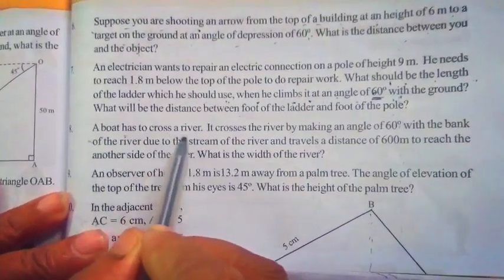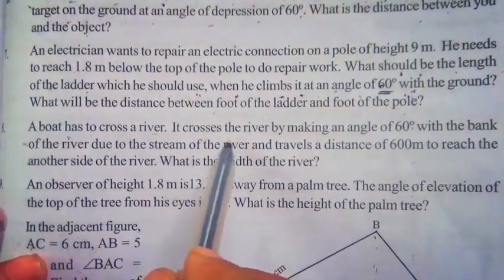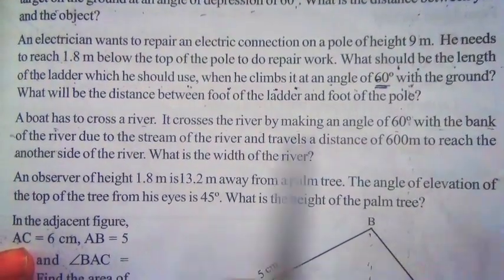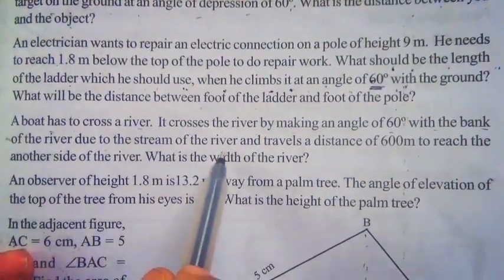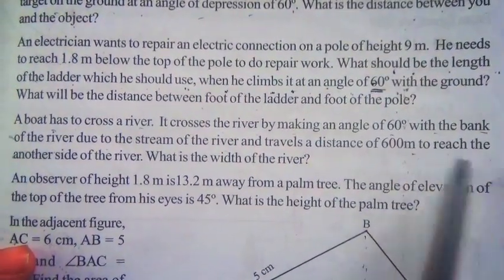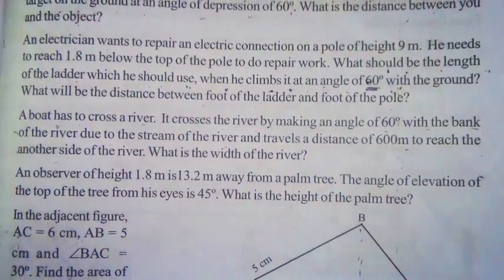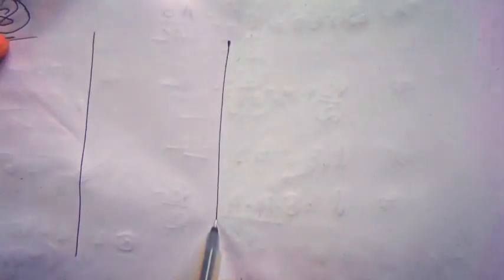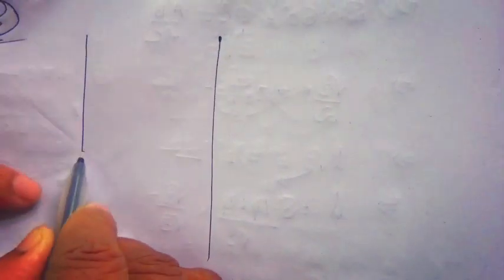Next, look at here, 8th. A boat has to cross a river. It crosses the river by making an angle of 60 degrees with the bank of the river due to the stream of the river, and travels a distance of 600 meters to reach the other side of the river. Look here. So here in the 8th sum, just assume that it is a river. Okay, this is the river.